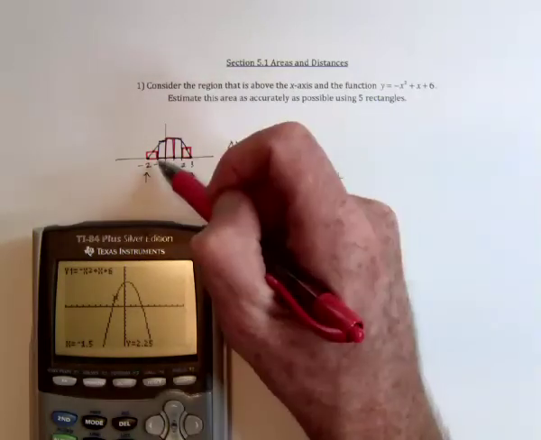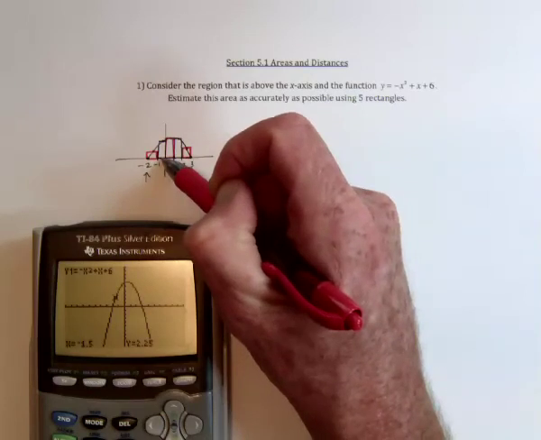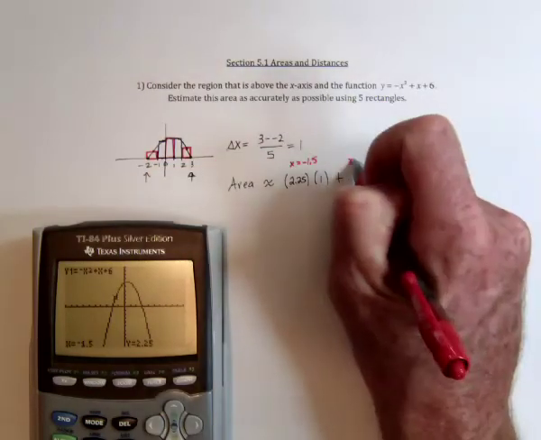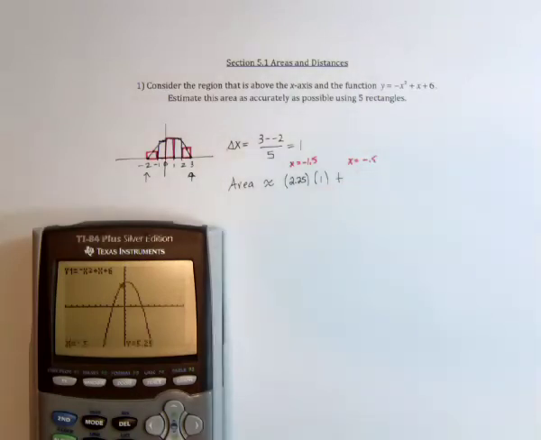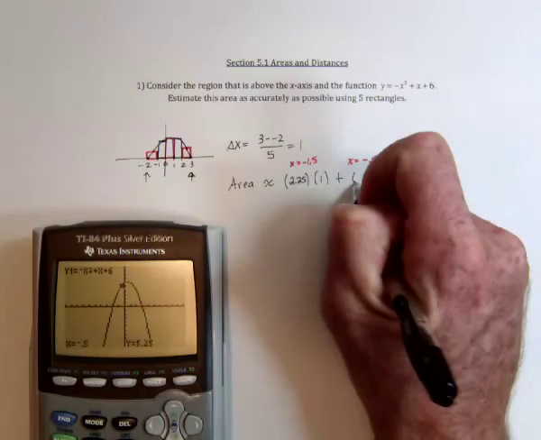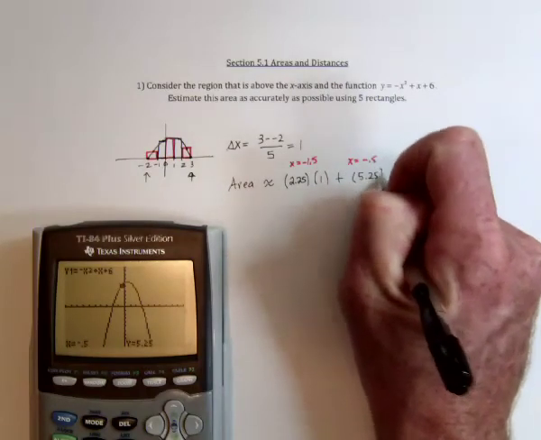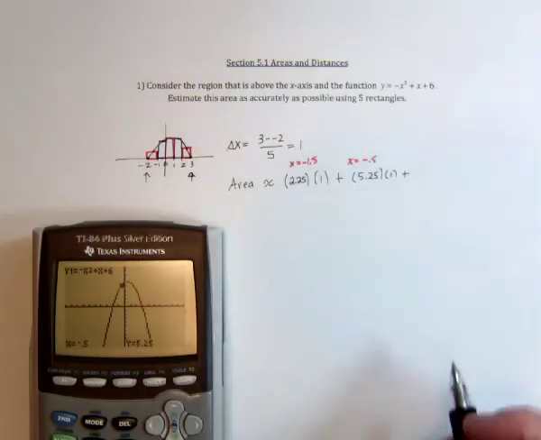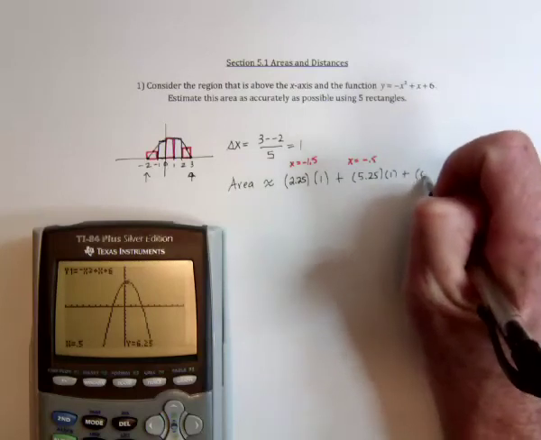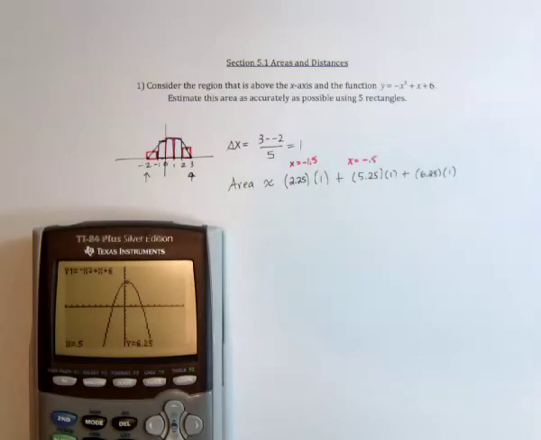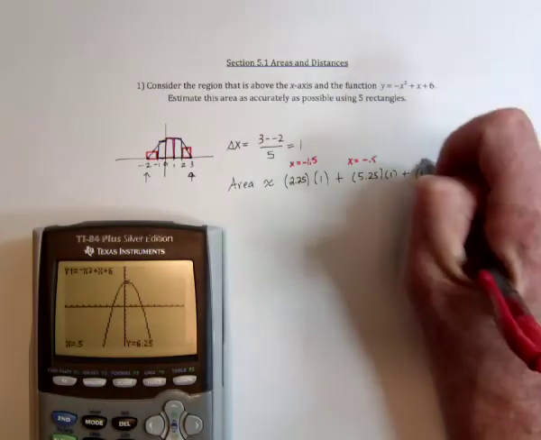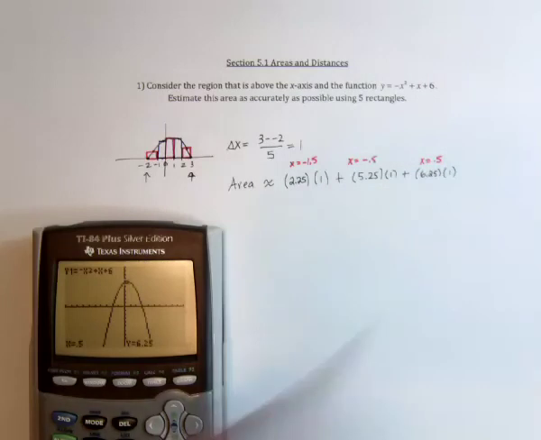And next, for this blue rectangle, the middle value right here was -0.5. So when x equals -0.5, I get 5.25. That's the height times the width of 1. And then substitute in the next one, which would be 0.5. So 6.25 times 1, this one was for x equals 0.5.